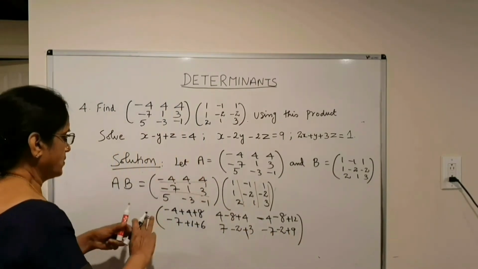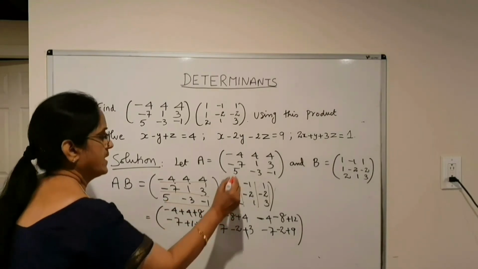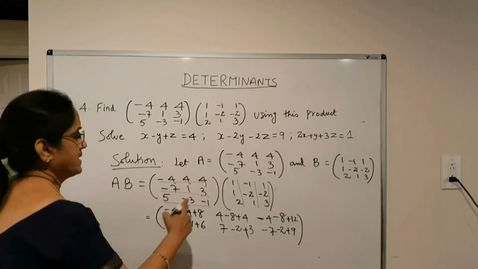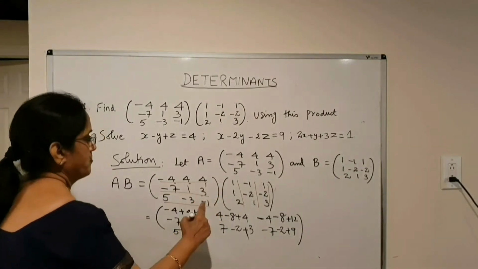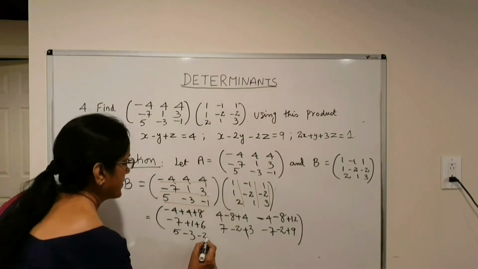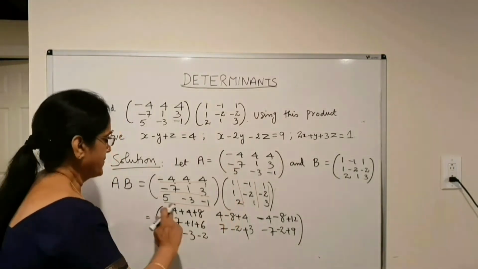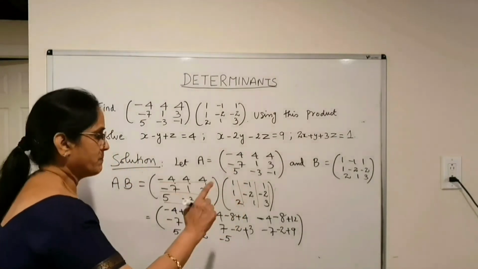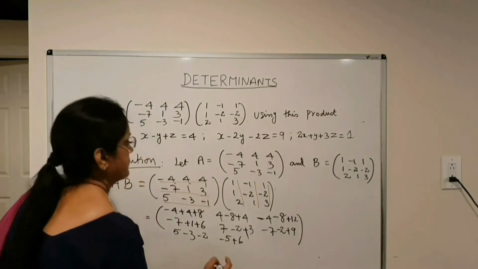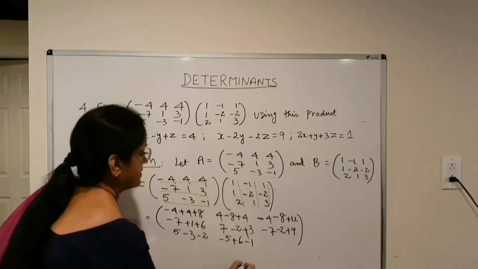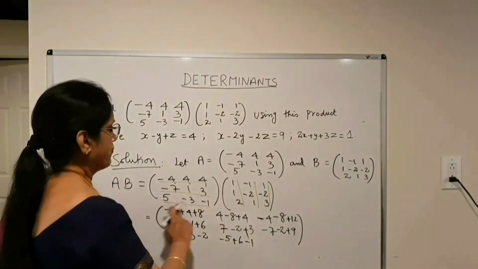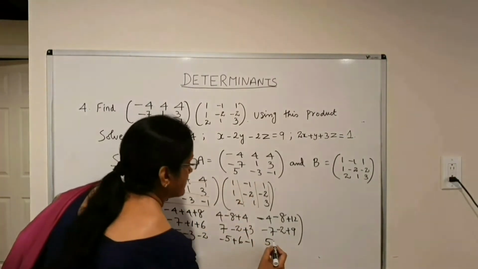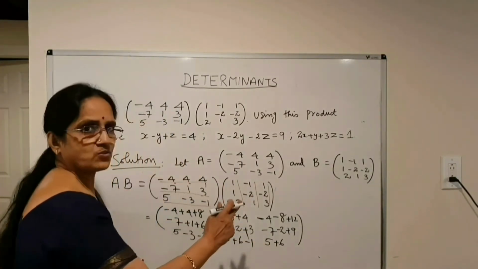Coming to third row and first column, it will be 5 into 1, 5, -3 into 1, -3, -1 into 2, -2. Now, third row, second column, 5 into -1, -5, -3 into -2, it will be plus 6, -1 into 1, -1. Now, third row, third column, 5 into 1, 5, -3 into -2, plus 6, then -1 into 3, -3.